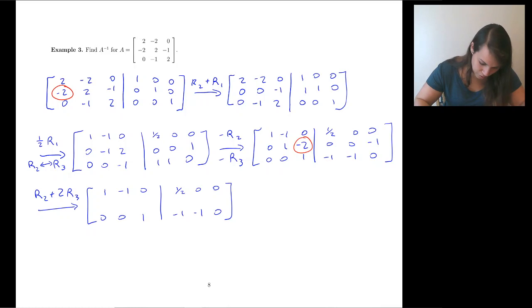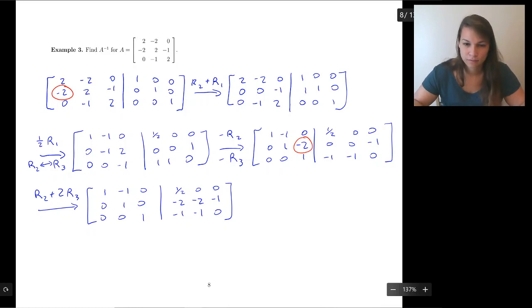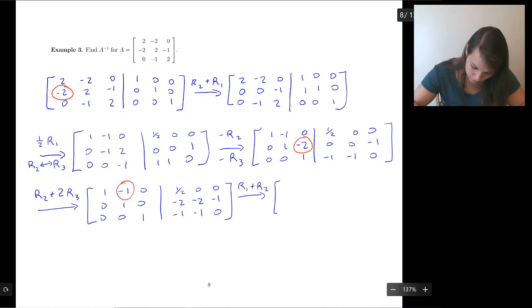But row 2 becomes 0, 1, 0, -2, -2, -1. And then now we only have one step left. We've got to get rid of that -1. So row 1 plus row 2. That's going to be row 3 stays the same. Row 2 stays the same.